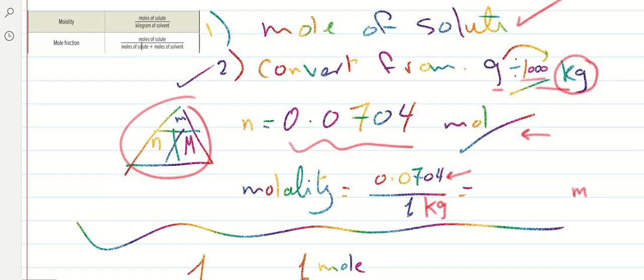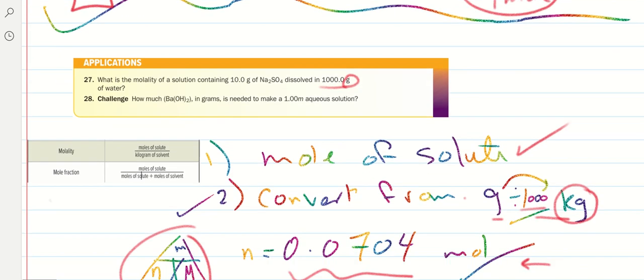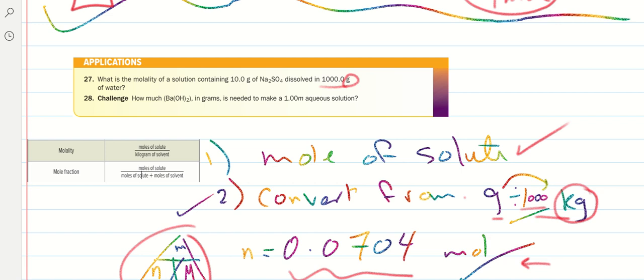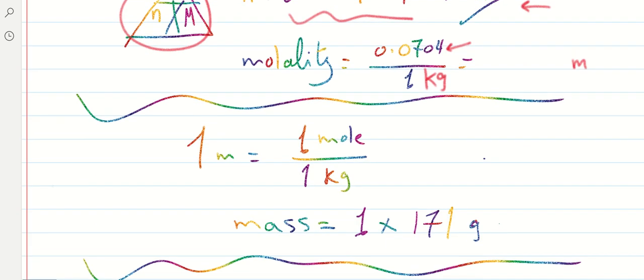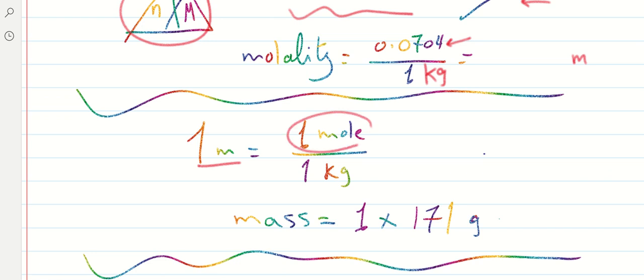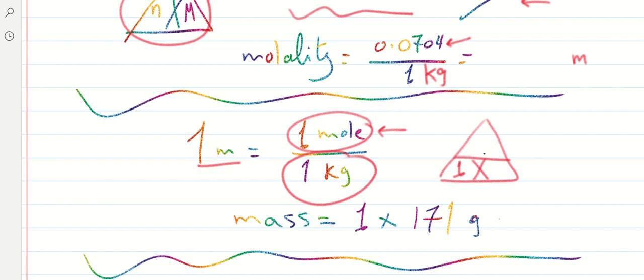Question 28. How much barium hydroxide in grams is needed to make a 1 molal aqueous solution? 1 m equals 1 mole over 1 kilogram. Simple. The moles I have is 1.